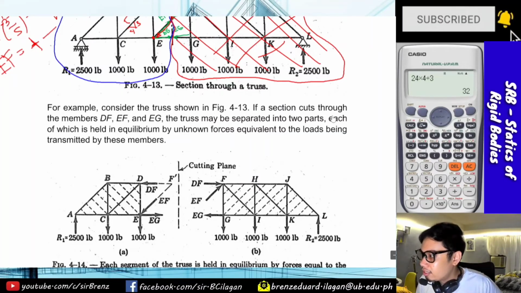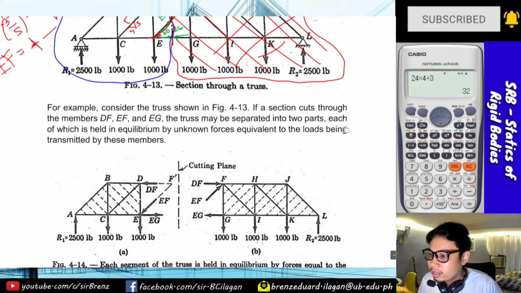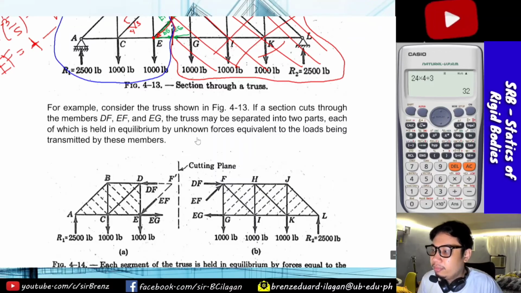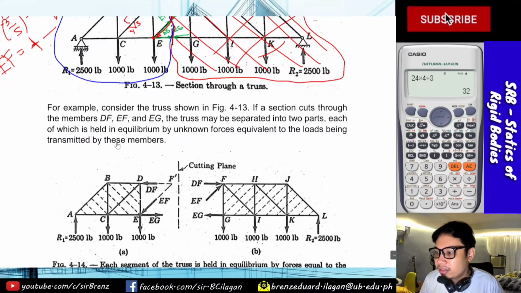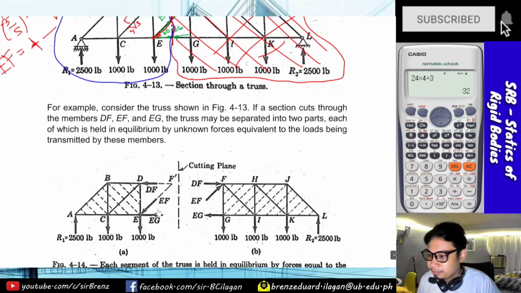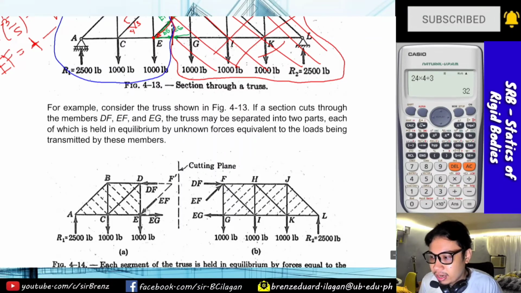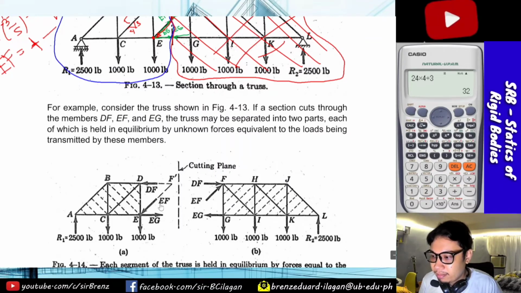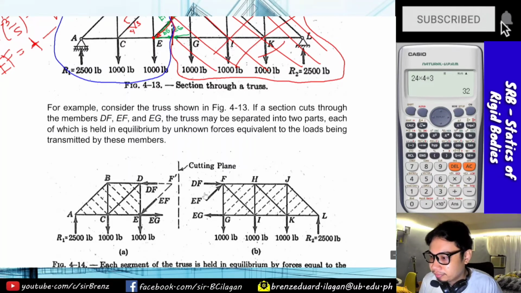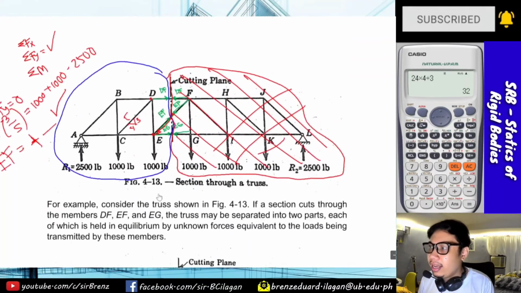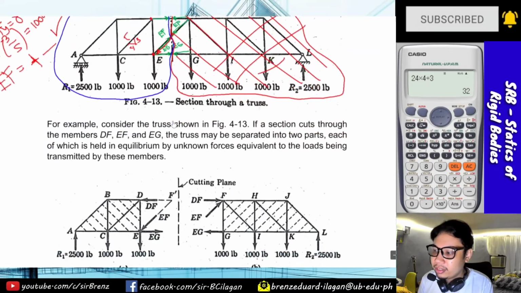If a section cuts through the members DF, EF, and EG, the truss may be separated into two parts, each of which is held in equilibrium by unknown forces equivalent to the loads being transmitted by these members. So in this example, he has already corrected the direction. So he knows it is compression, which is why EF points into our joint. And DF is also compression. But again, with the method of section, you assume first that it is in tension.